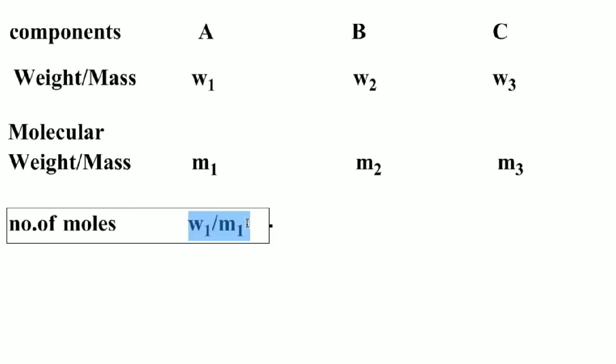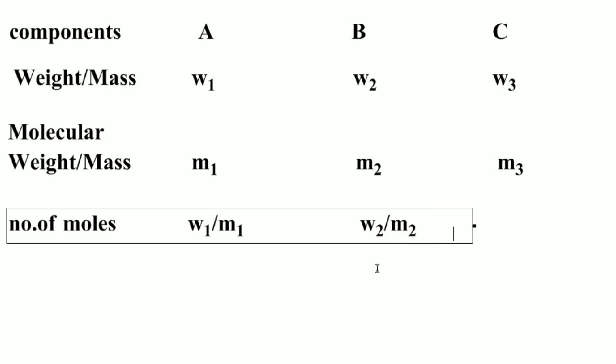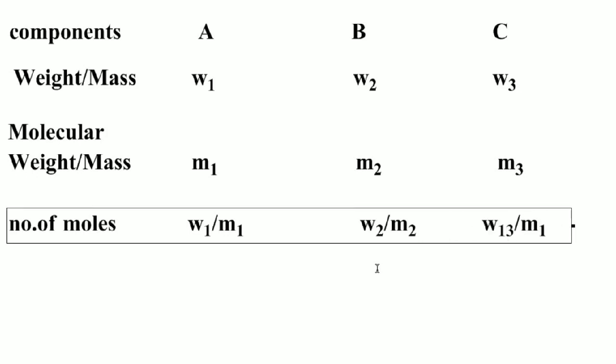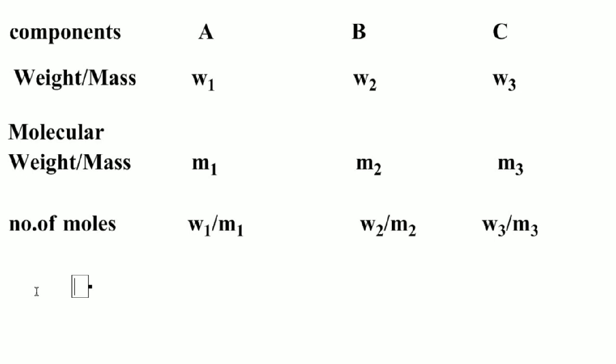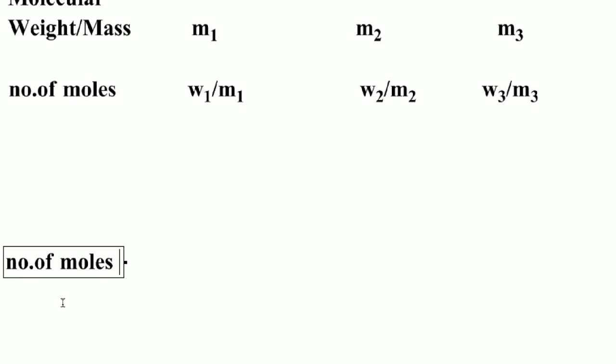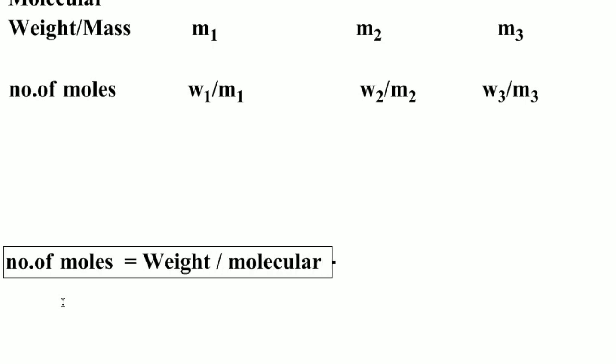Similarly, the number of moles of B is W2 by M2, and the number of moles of C is the weight of component C by the molecular mass of component C, that is W3 by M3. We know the formula: number of moles is equal to weight by molecular weight of a component.